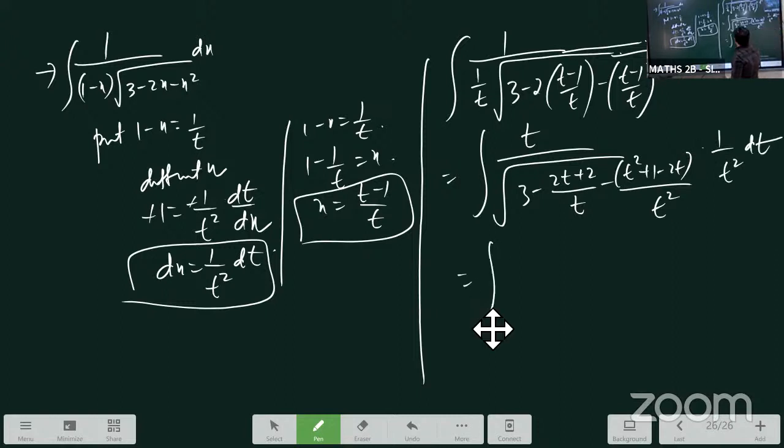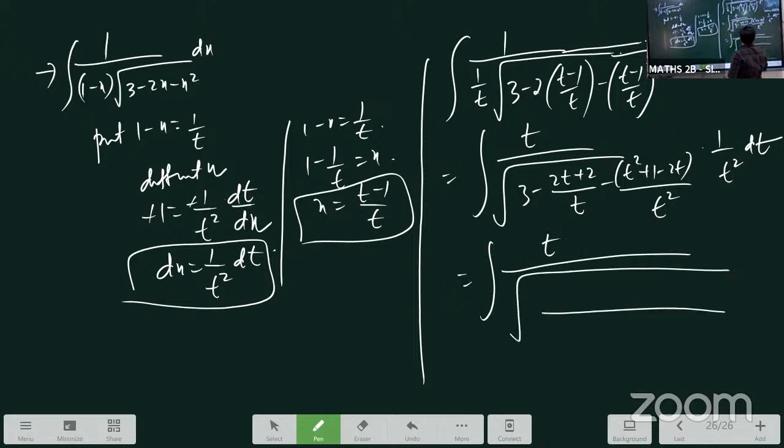Now take LCM inside the root, t square is your LCM. So 3t square minus 2t square plus 2t, because already I multiplied minus inside. Next, minus t square minus 1 plus 2t, and this is 1 by t square dt.